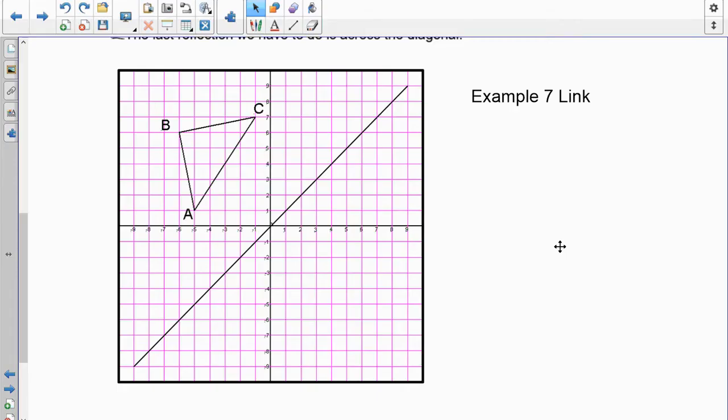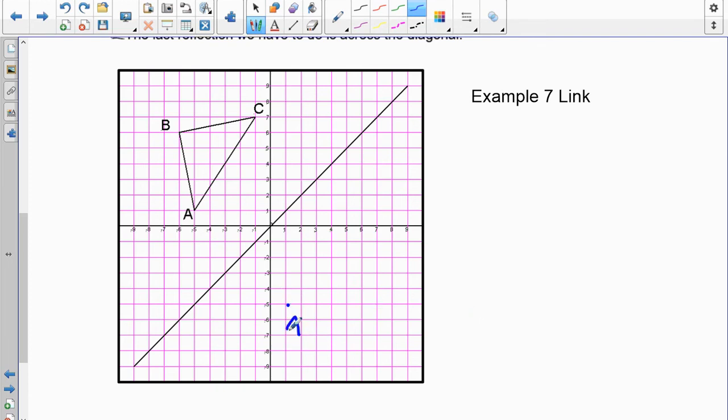Okay, so let's take a look at an oblique one. Now I put your line of symmetry, or your reflection line, right across here at 45 degrees. What we don't have here is a way really to count on diagonals very well. This is exactly 45 degrees, you can count 1, 2, 3, 1, 2, 3, and you can put your A prime right here.